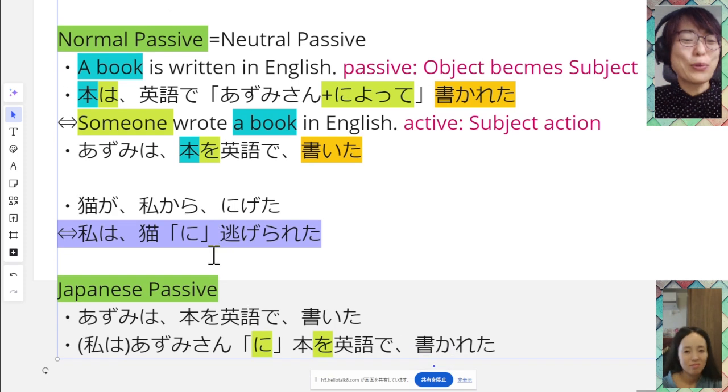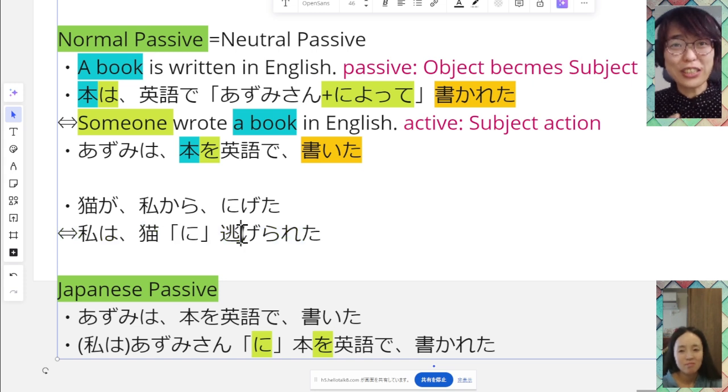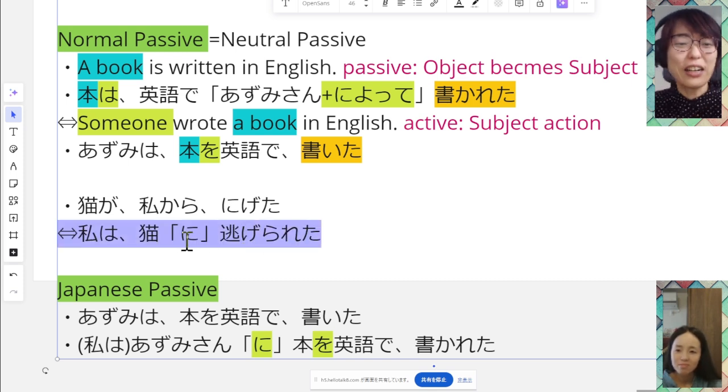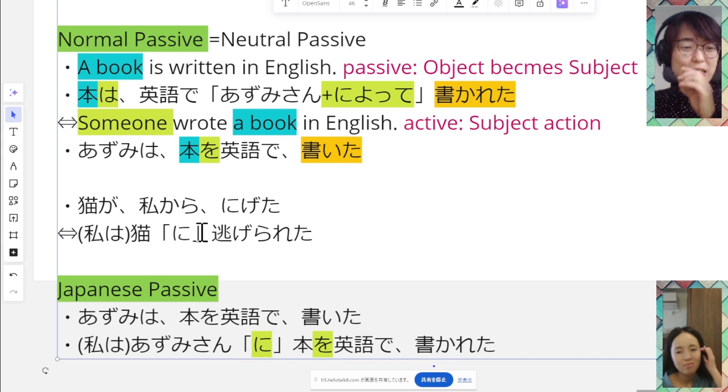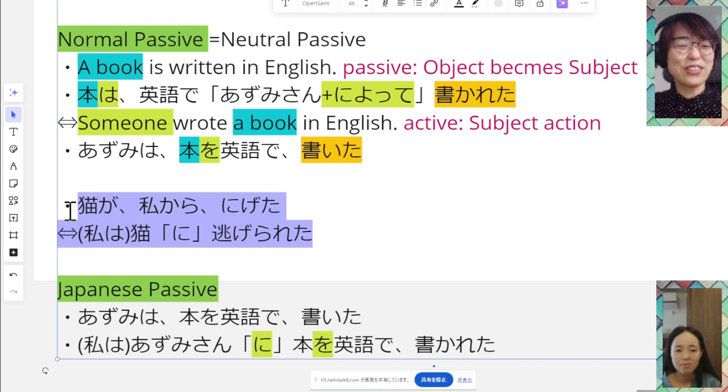So it is more like Japanese passive. You are just expressing somebody did something, but that bothers you, so it annoyed you. That's why you make this sentence. 私は猫に逃げられた。When you make this kind of sentence, you do not necessarily need to say 私は, it's very obvious. So 猫に逃げられた is your feeling. So yeah, this is a kind of gray zone sentence.